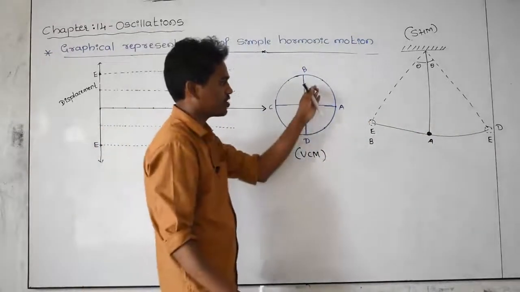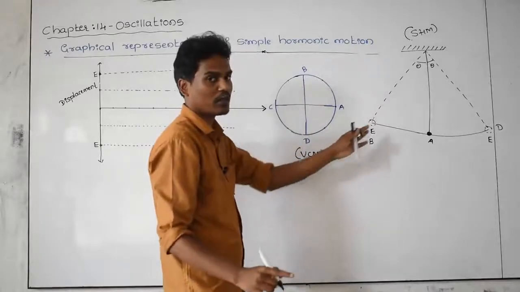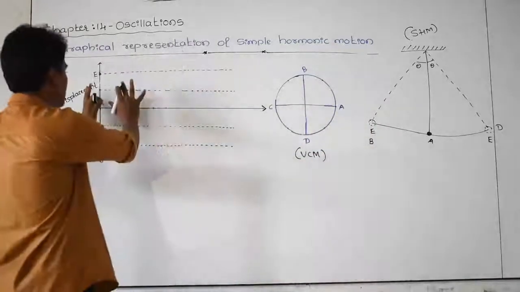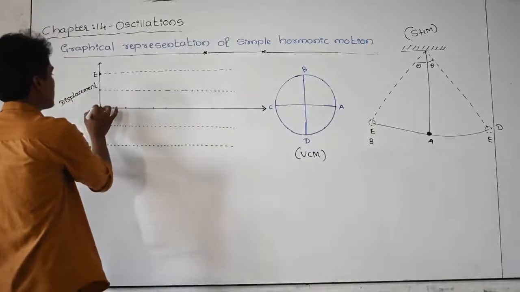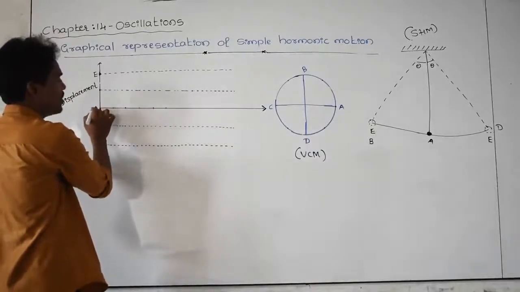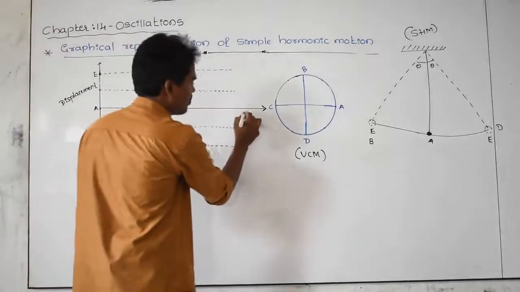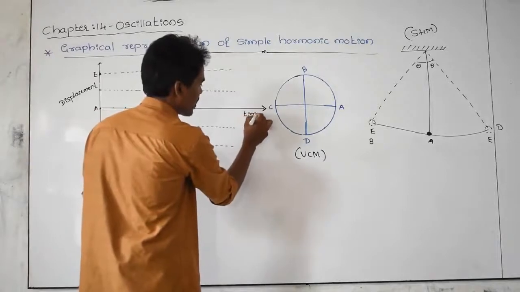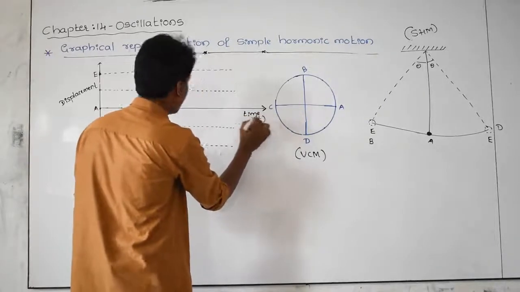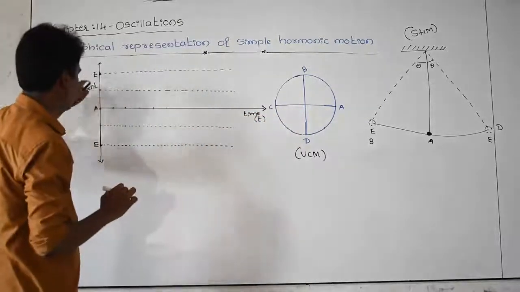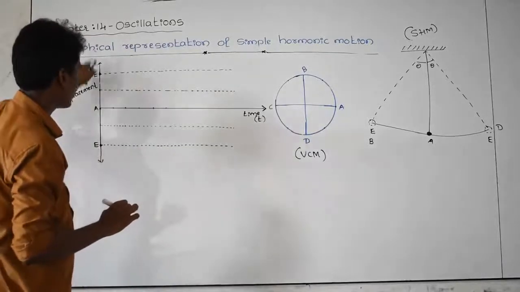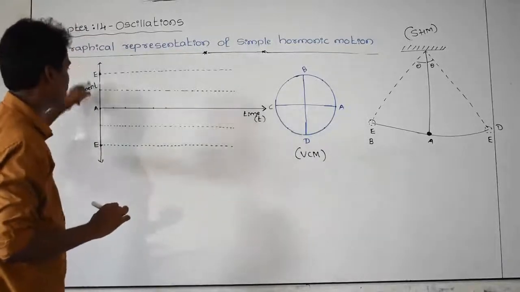With the help of this circular motion, I am going to draw the graphical representation, and here this is the graphical representation. Let us take this as A point, mean point, x axis carrying time t in seconds, and this is the extreme point, and y axis indicating displacement from the mean point.